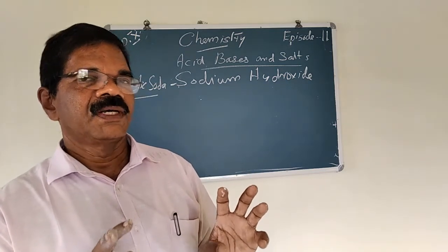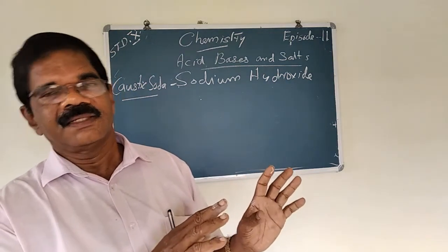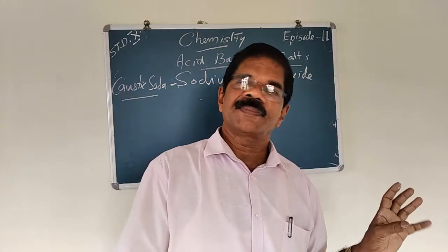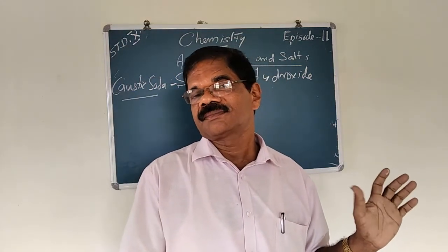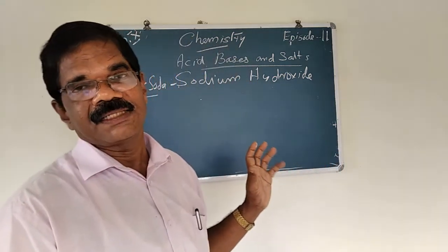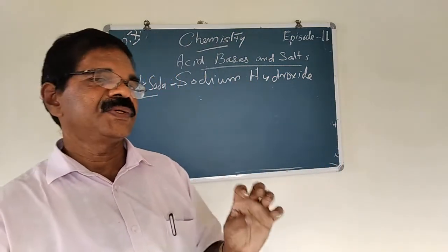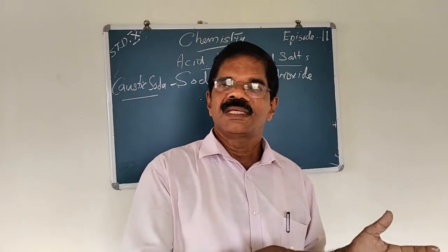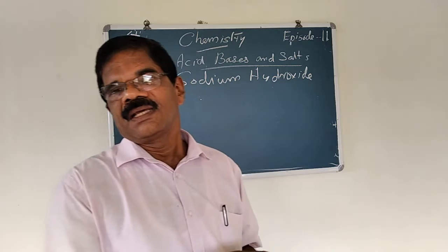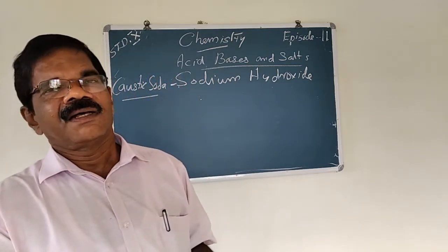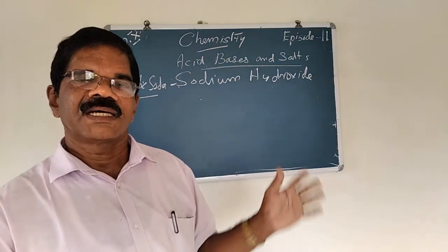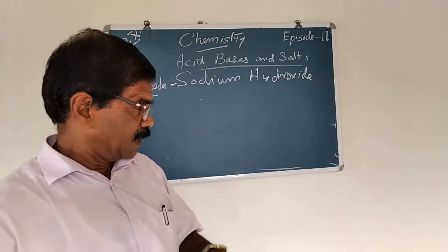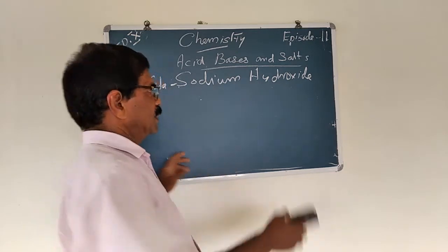It is also used in the degreasing of metal. What is degreasing? In your kitchen, your mother always uses dishwash soap. With dishwash soap, we can easily remove fat-like impurities. So it is used for removing impurities in degreasing.